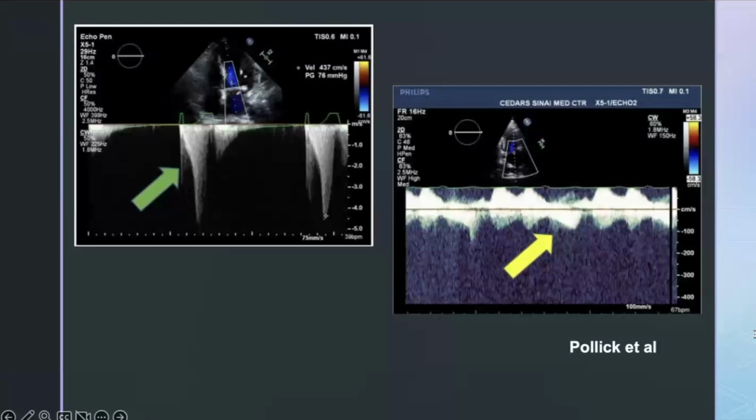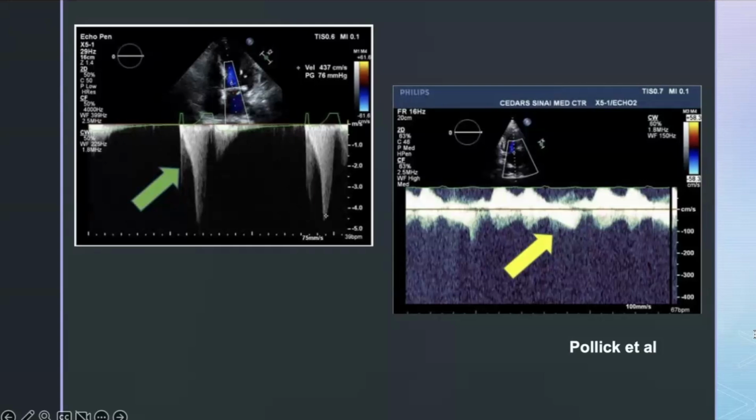So what you can see here on the right are patients from Pollock's study. And what the yellow arrow is showing is that the velocity is actually quite small. It's probably a little over 1. And on the left, you contrast that with a patient with HCM who has quite a high velocity, over 4.